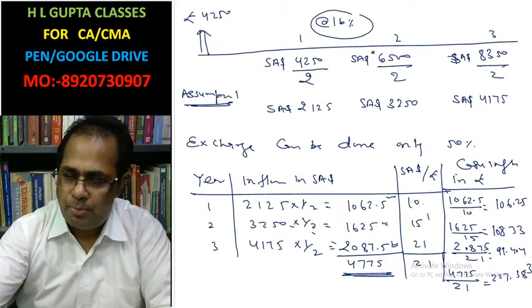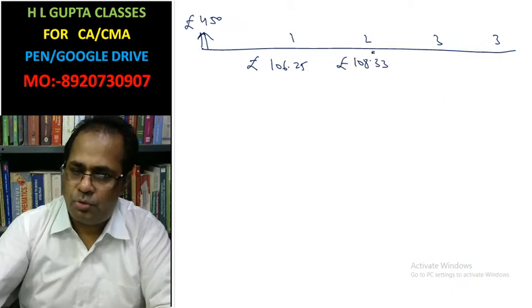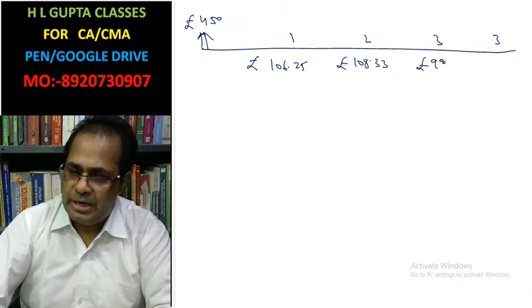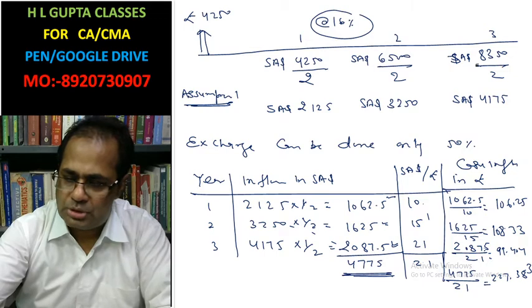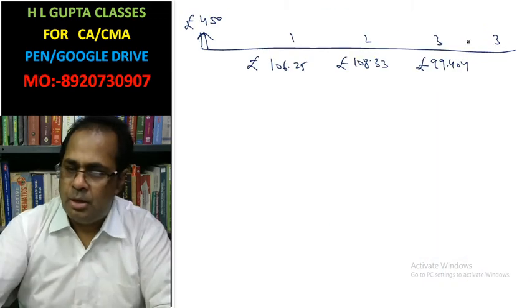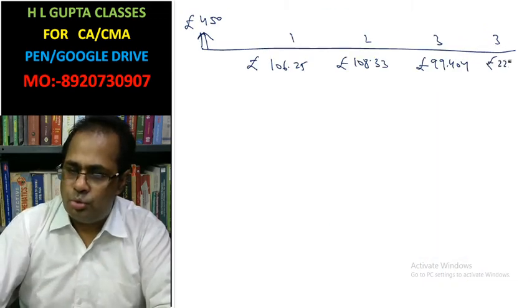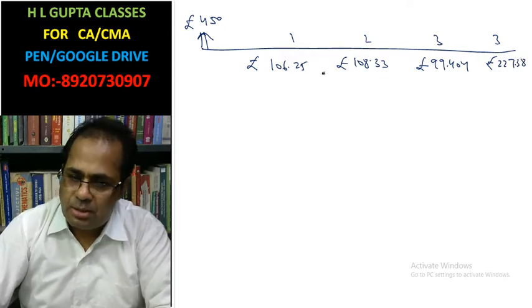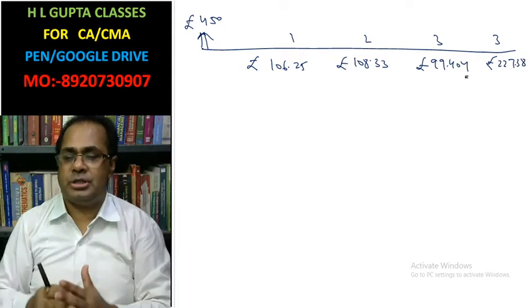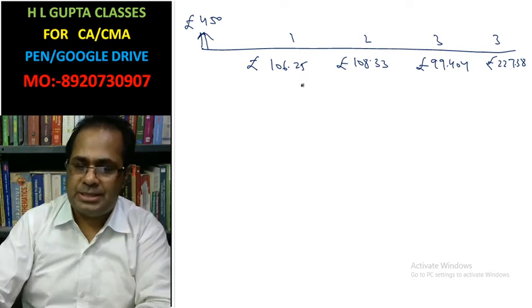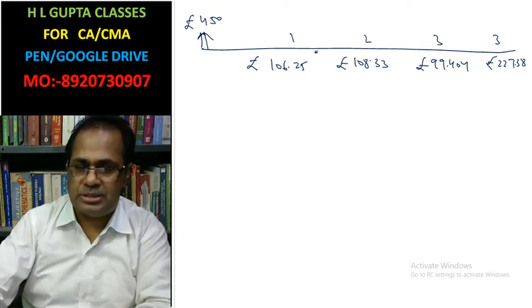108.33, now pound 99.404, and at the end pound 227.38. This is the sum of all these at the end of the third year. Now discount at the rate of 16%.